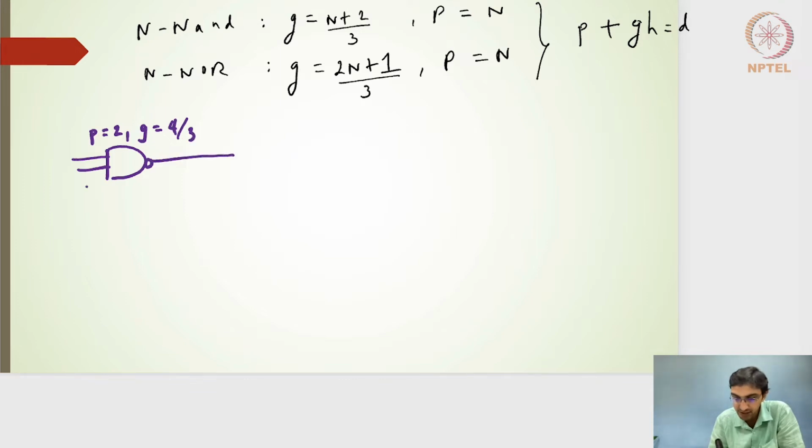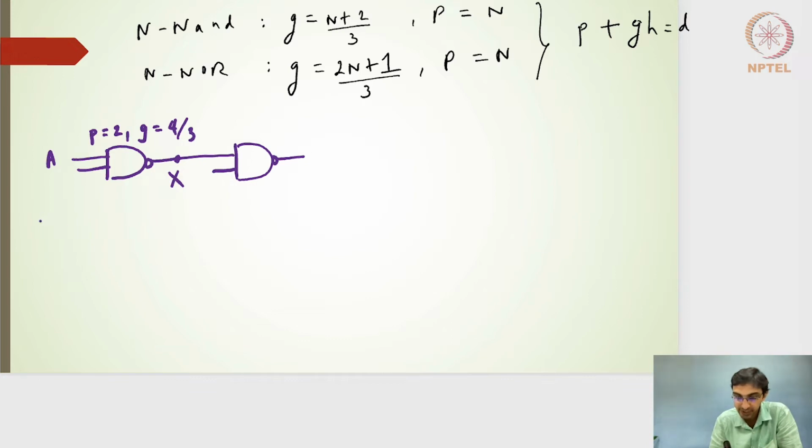Now this NAND gate is going to another 2-input NAND gate, and this output gets connected to one of its inputs. What we are interested in is the delay of the first stage, from this point A to this point X. We are not bothered about the other stage at this point of time.